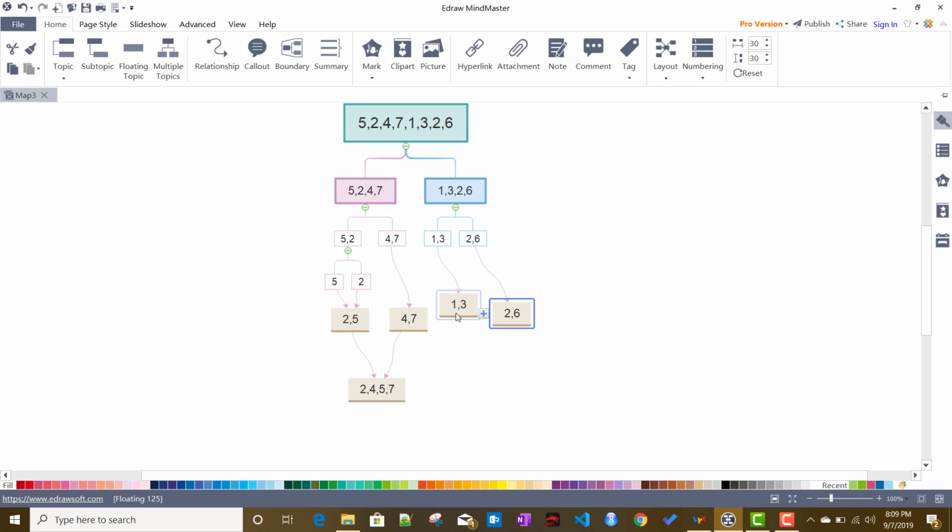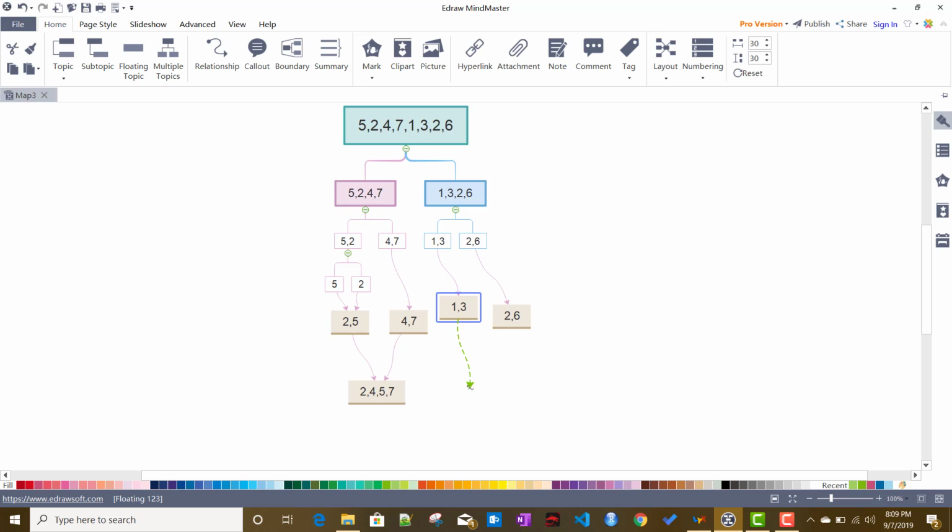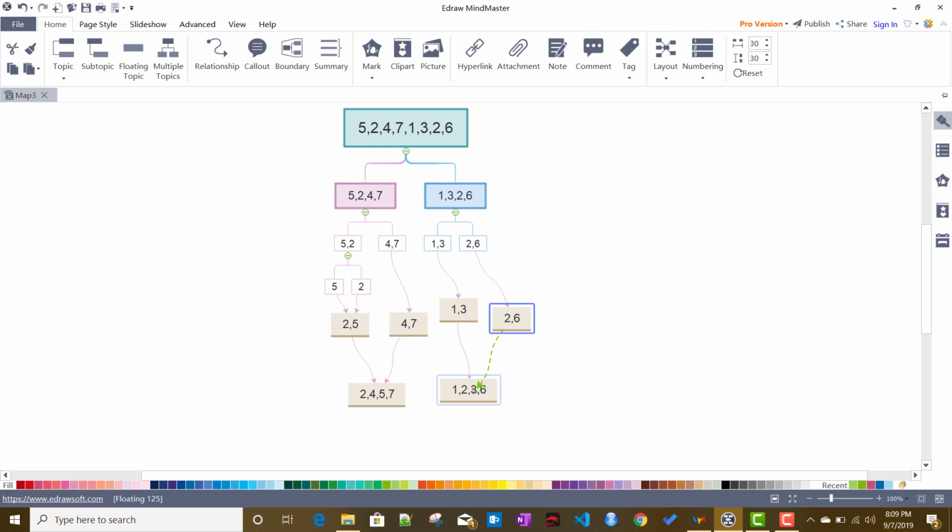I will just create the same array, 1 2 3 6 over here. I'll create the same relationship over here as well. Okay, so from these 4 sub arrays, we got 2 sub arrays which are again sorted, right?